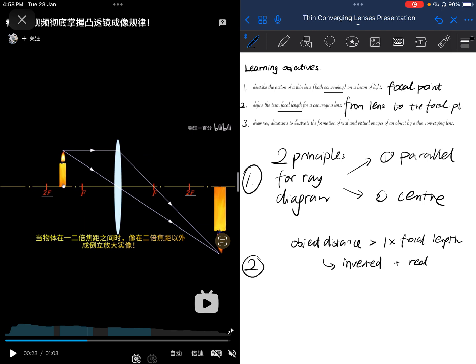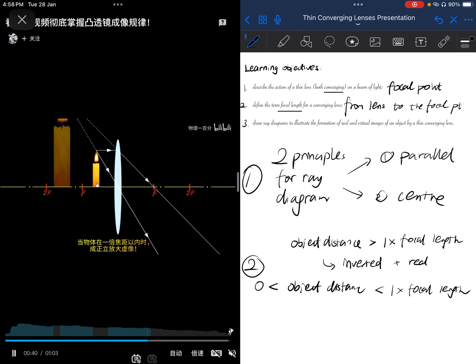It's real. Now, secondly, let's take a look at when the object distance is larger than 0 but smaller than 1 focal length. You are able to see that it is upright and virtual.